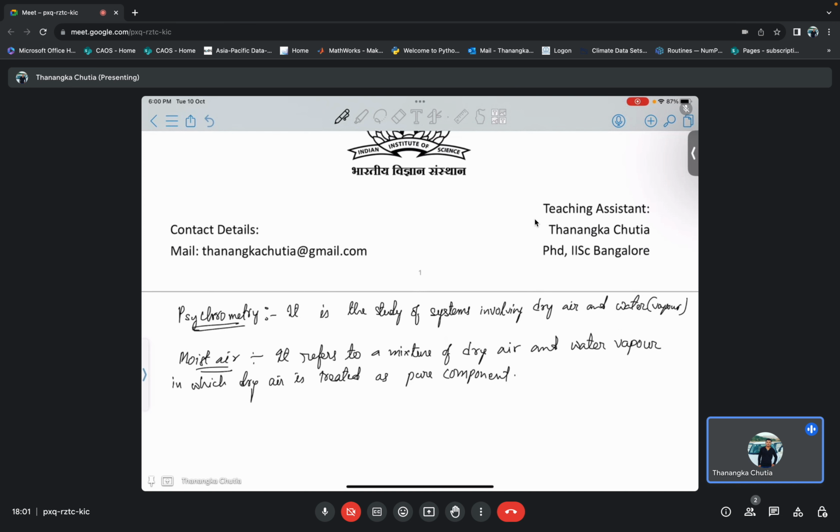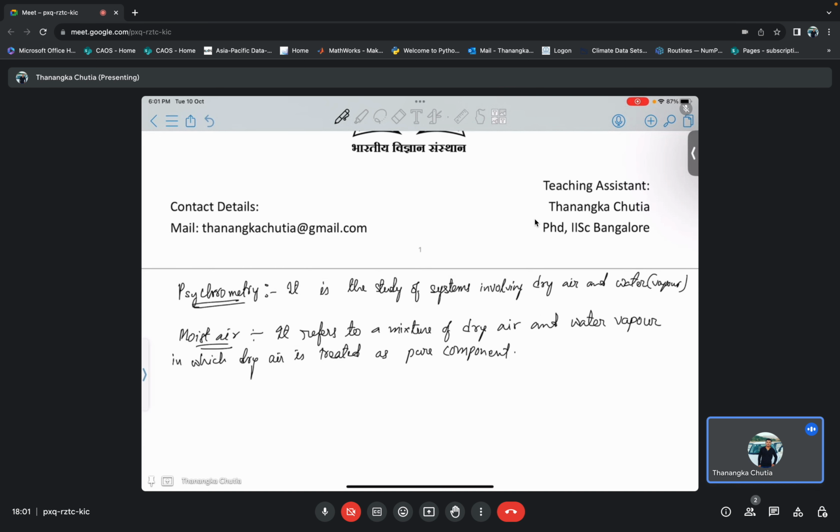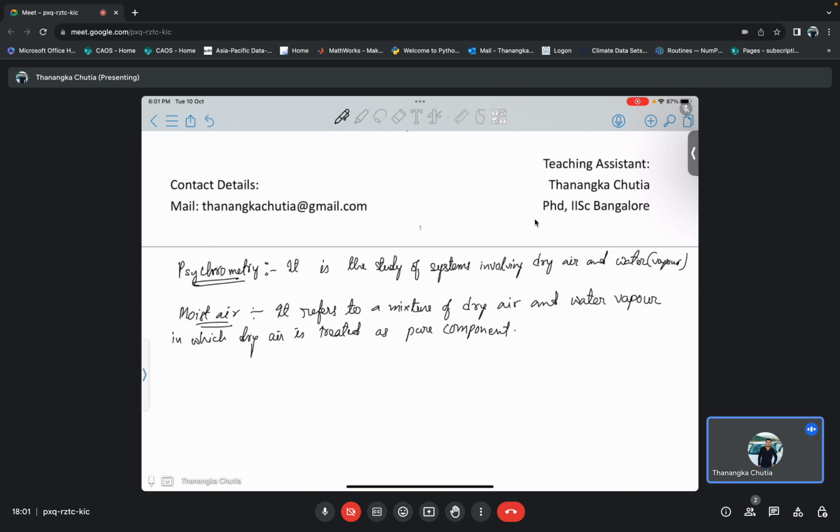Why is dry air treated as a pure component? Because the mass of the dry air will remain the same. The composition of the dry air will remain the same.